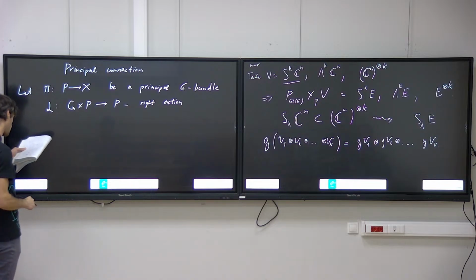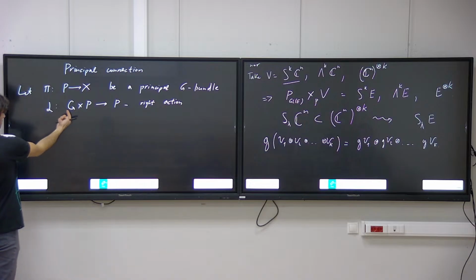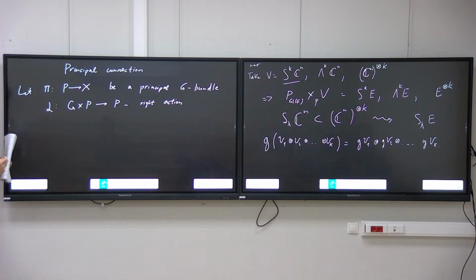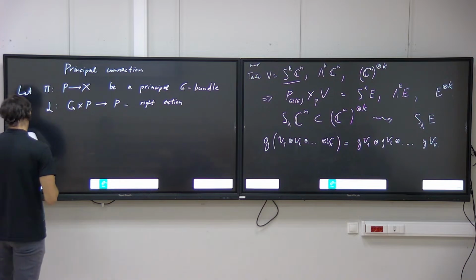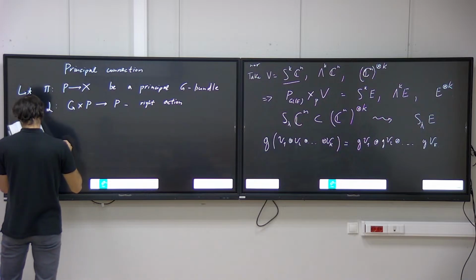But then I can actually fix some element here, and this will give me, for each element g, a map from P to P, right?